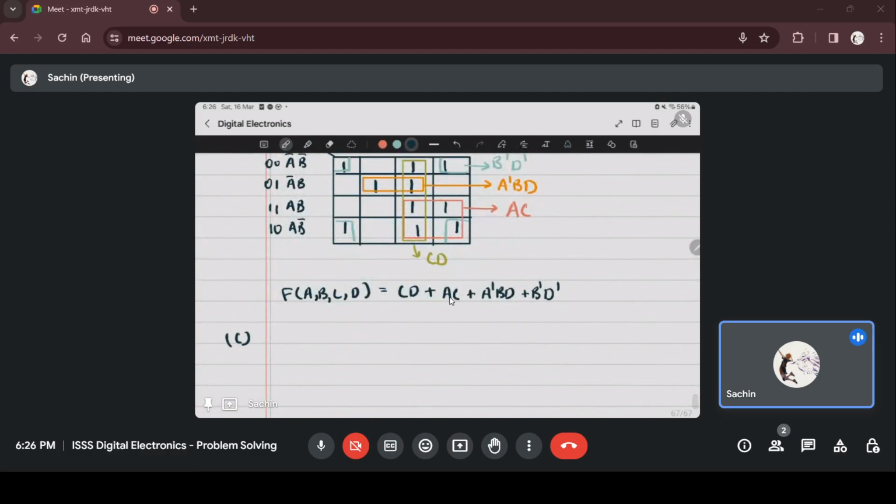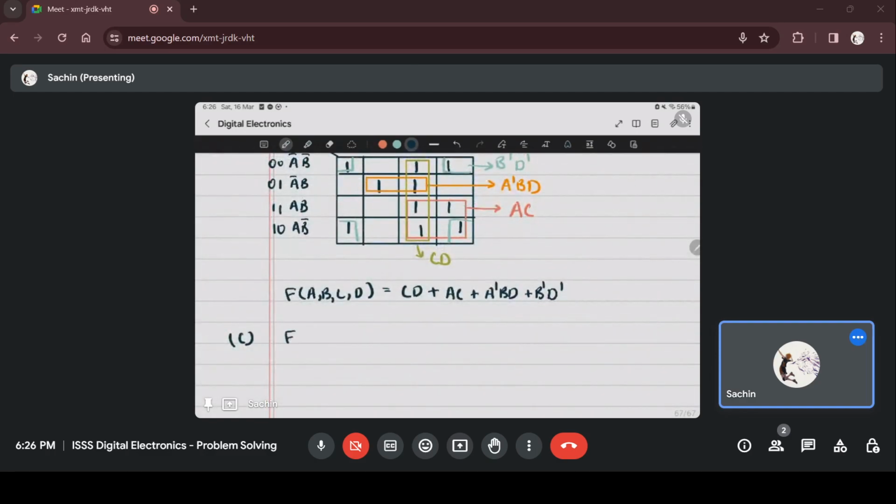Part C, f of ABCD is equal to summation 1, 3, 4, 5, 10, 11, 12, 13, 14, 15.